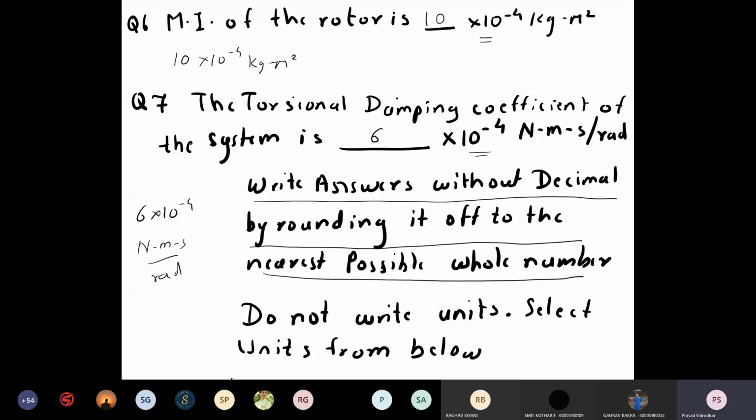It will be closed at 1:10. Again, when you submit question number 6 and question number 7, do not write units. Units are already given in the question, so do not re-enter the units.